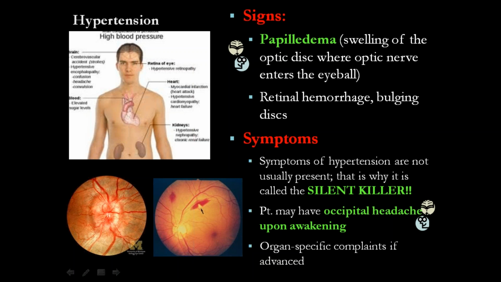If people who don't know they are hypertensive go to an ophthalmologist, they will have a fundoscopy, and the ophthalmologist can see papilledema. That is the optic disc, where the nerve enters the eye, being swollen. That tells the ophthalmologist that you probably have hypertension. Another way to detect hypertension.